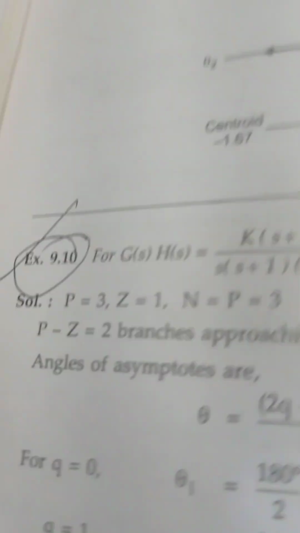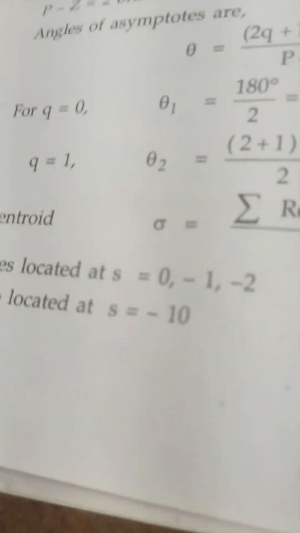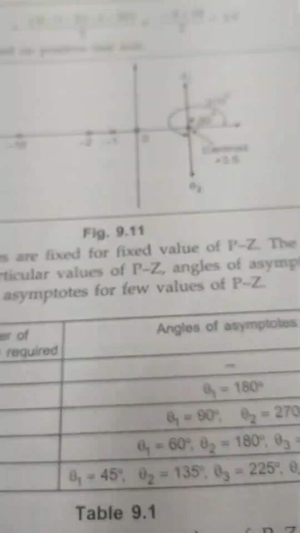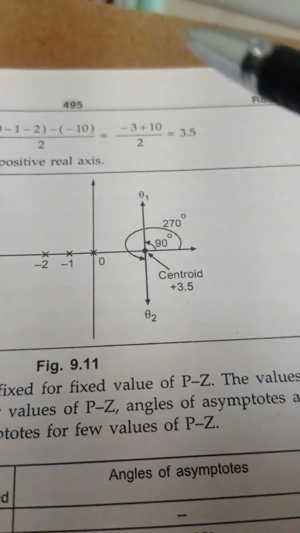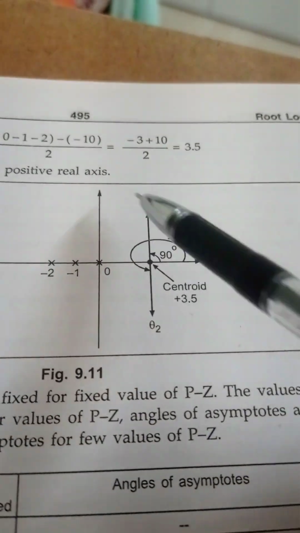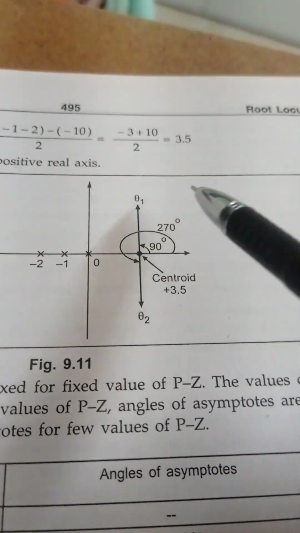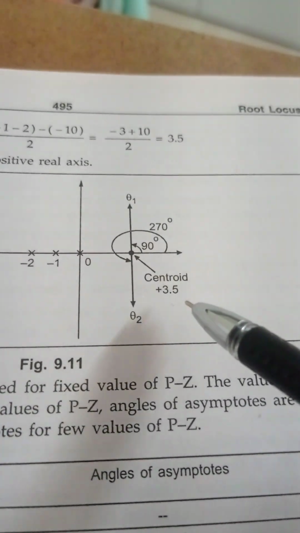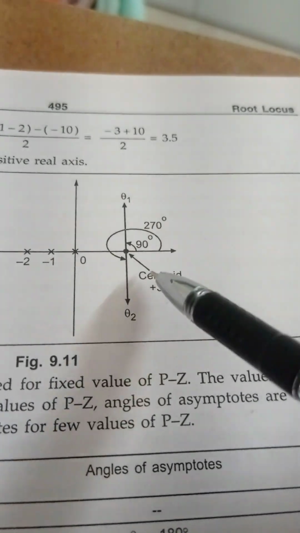Already we know that the zero is at minus 10 location, and poles are at locations 0, minus 1, minus 2. The centroid is on the right side in the s plane, and its value is 3.5.